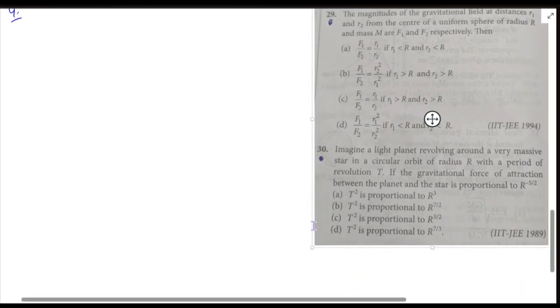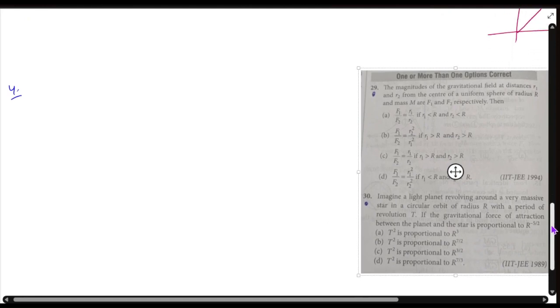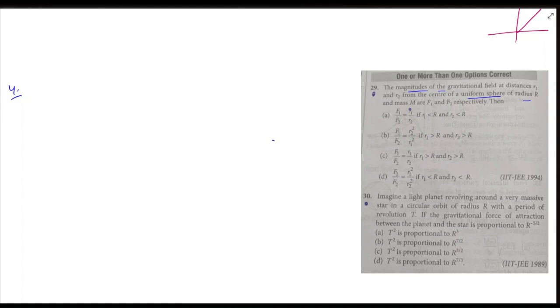Let's move on to our fourth question. So what we have here is the magnitude of gravitational field at distances r1 and r2 from the center of a uniform sphere of radius R, and this is very easy, right?